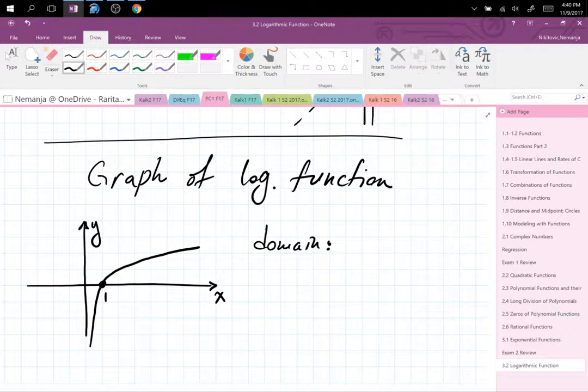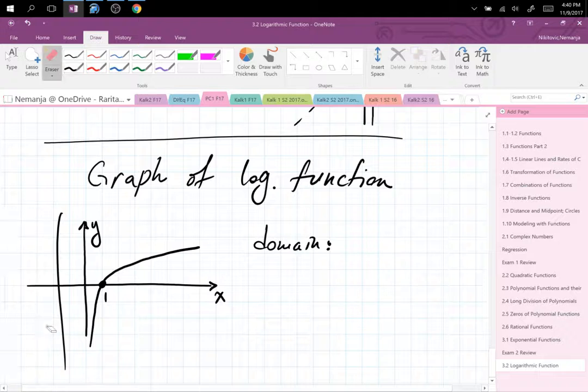What's the domain? Look at the picture. Negative infinity for domain? I don't see anything over here. Okay. Now, do I include 0? Do I exclude 0? Parentheses.